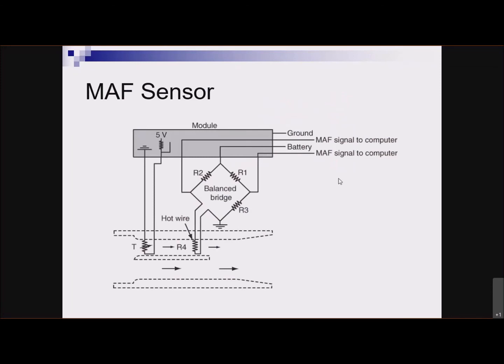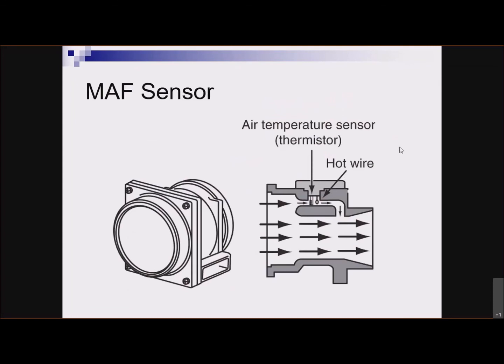I'm not even going to bother with this thing here. We'll just skip that slide altogether. You can look at it if you want, but notice that this sensor does not sample all of the air. There's a lot of air that passes through this sensor without touching the hot wire, but it samples a percentage. So let's say that this passage here is 10% of the entire diameter of the sensor.